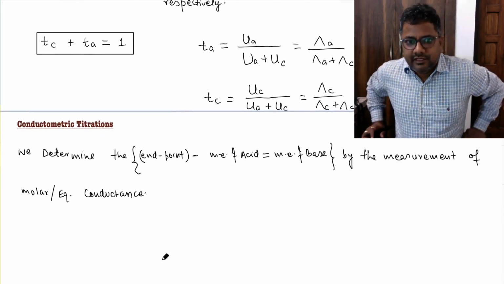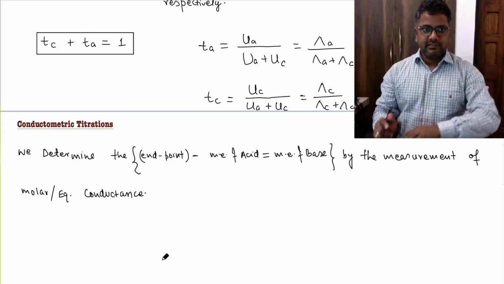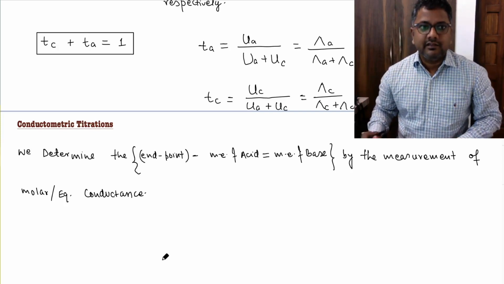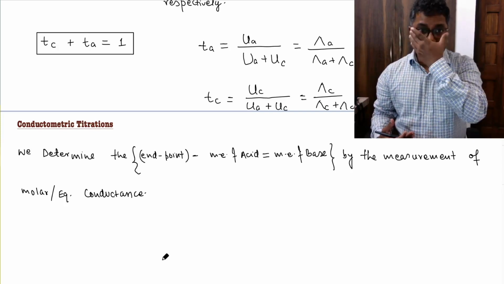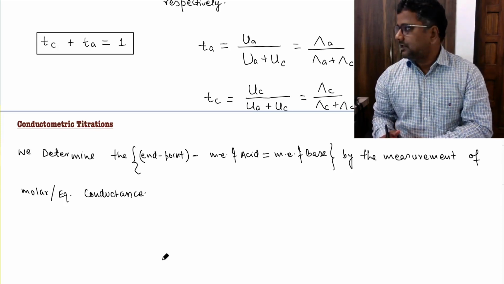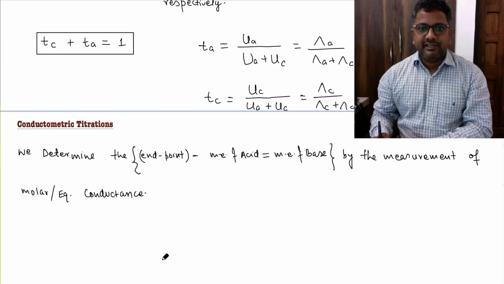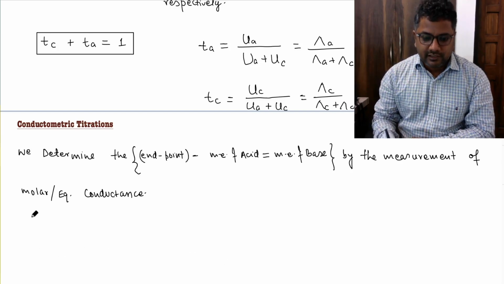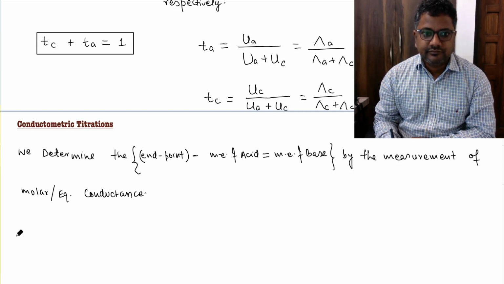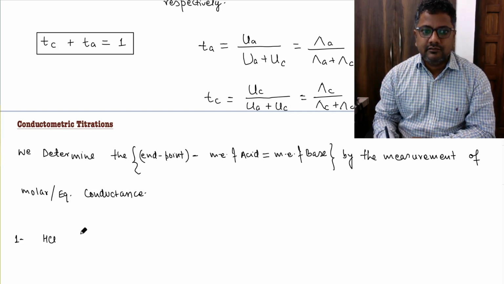So this is a very accurate method and more precise than the traditional method in which we use acid-base indicators. So the first case I am taking here is titration of HCl versus NaOH.